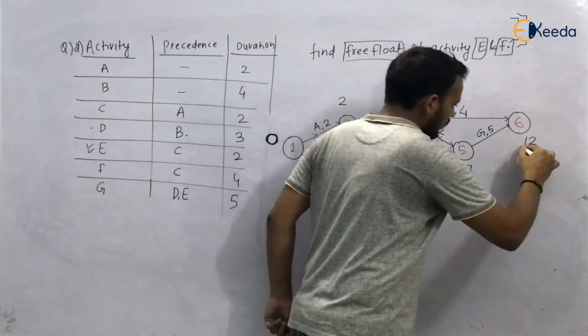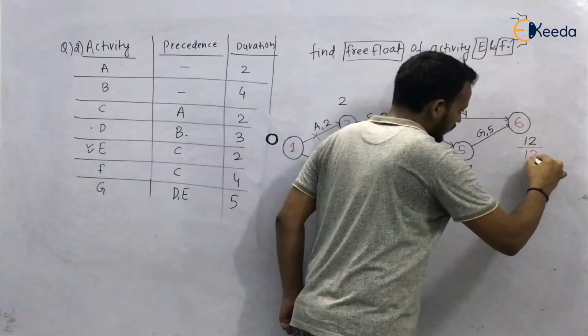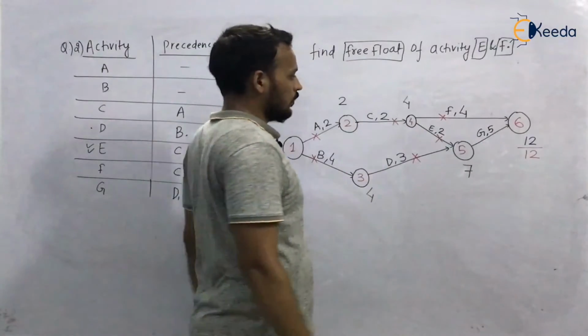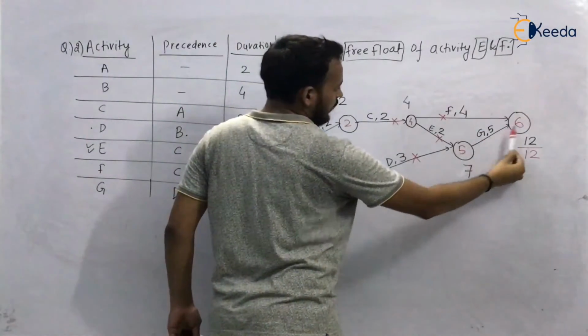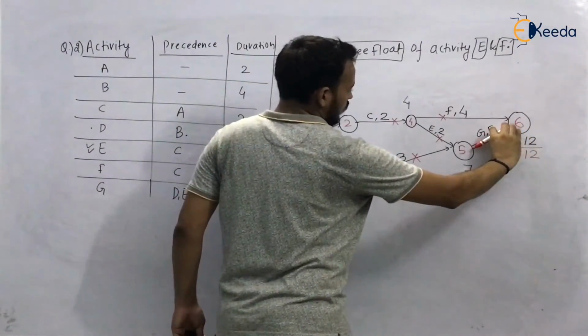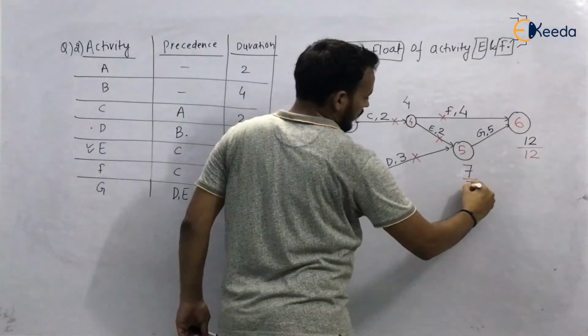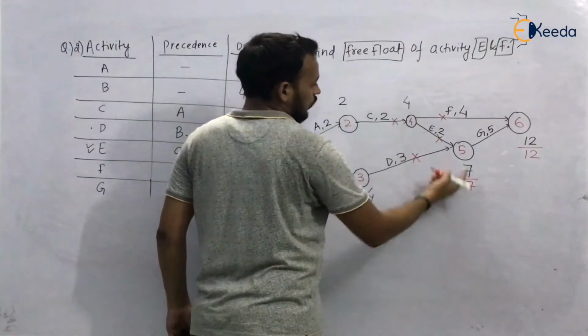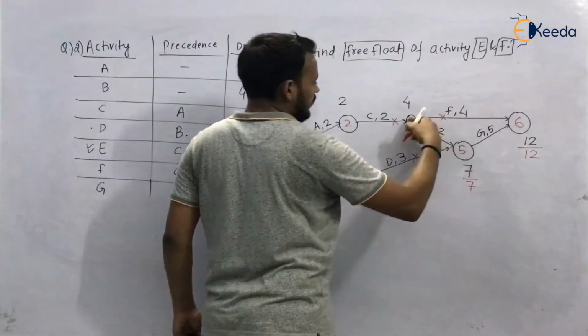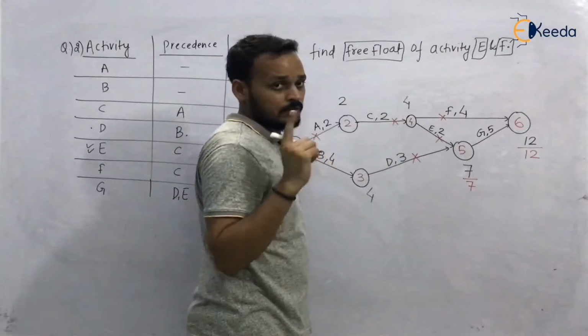Now we will proceed for backward computation. So right here 12. From 6 to 5, there is only one way possible, via activity G, so 12 minus 5, it will be 7. Go to event 4. From 5 to 4 or from 6 to 4, whichever is minimum, consider it.